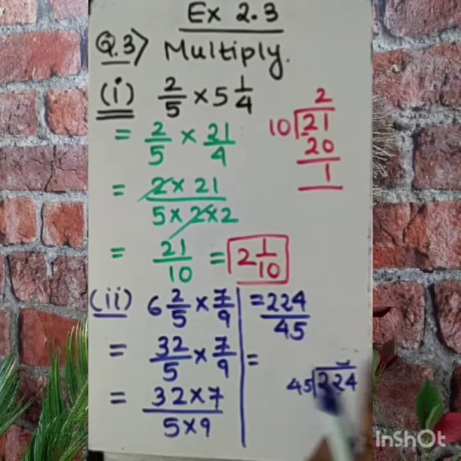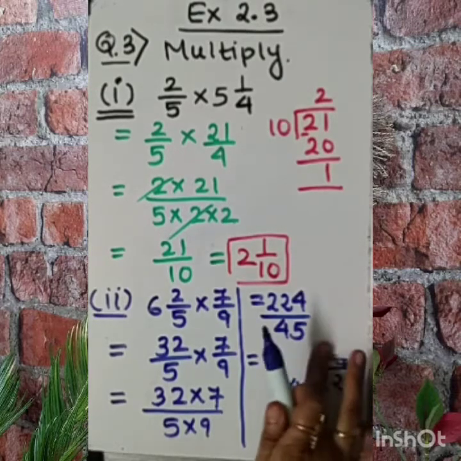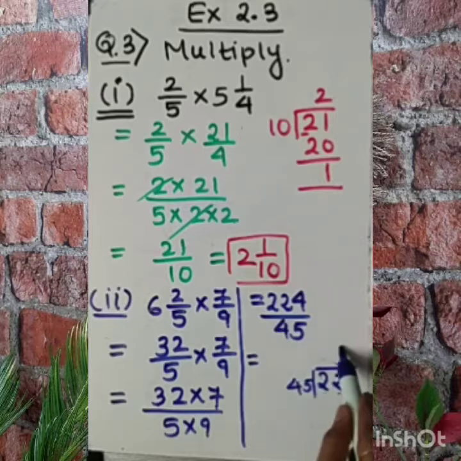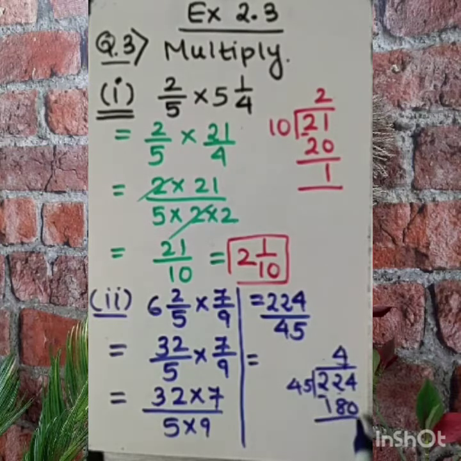Here we will have 180. With the subtraction, 44 is coming.